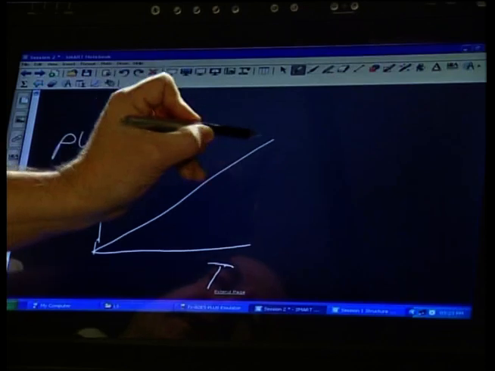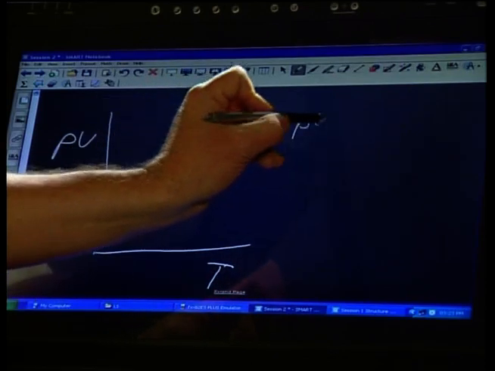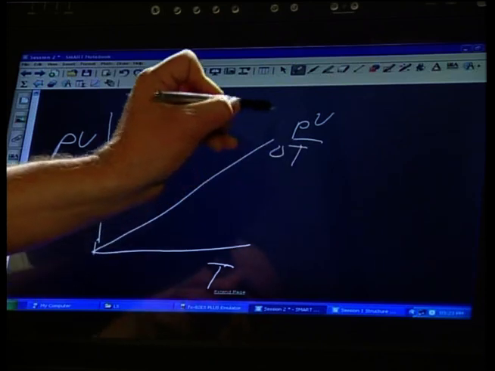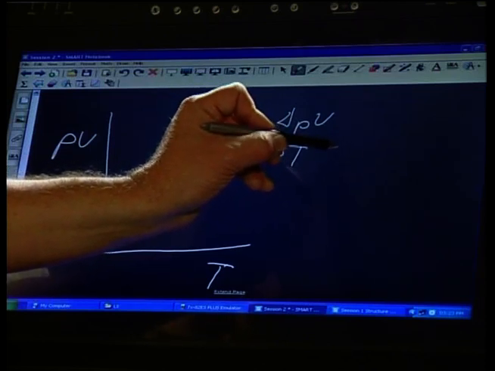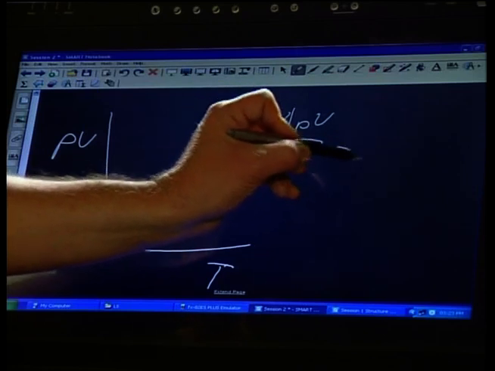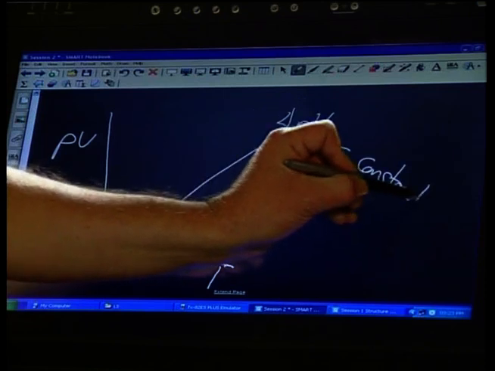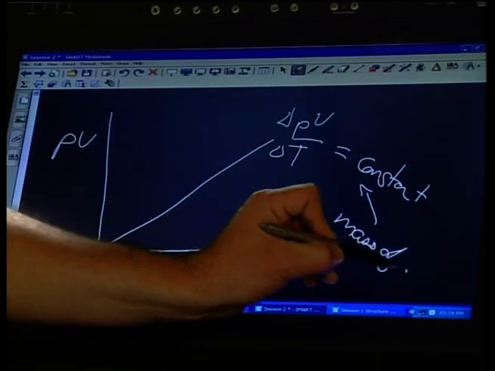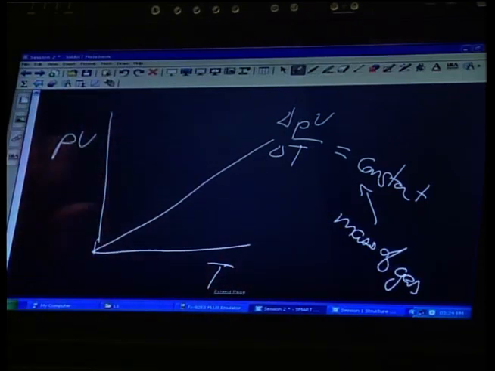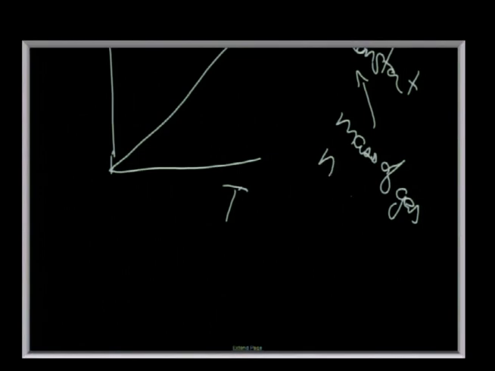So this gradient, pressure volume over temperature, is directly related to a constant, and it includes the amount of stuff, or the mass of the gas. An easy, scientific way of measuring the mass of different gases at different temperatures and volumes is rather than measuring mass, to refer to moles, n, the moles of gas.